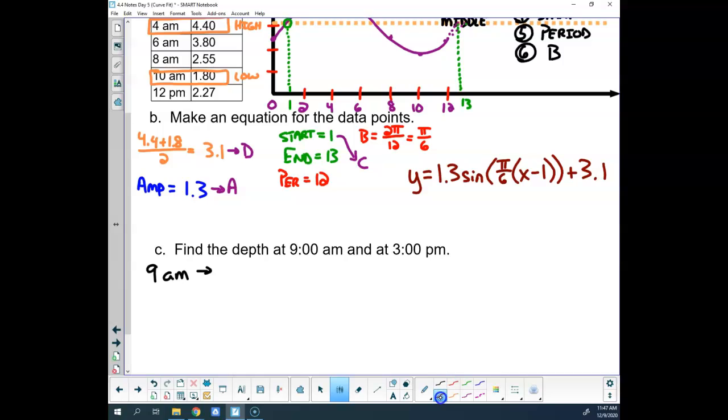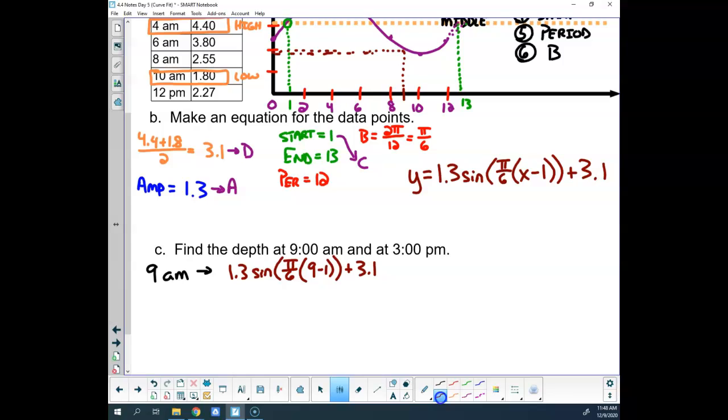If I go up to my graph at 9 a.m., I would be somewhere right about there, which puts me somewhere right around 2. Agree? Okay? To find it exactly, we would use a calculator. And so we would take 1.3 times the sine of pi over 6 times 9 minus 1, and then plus 3.1.